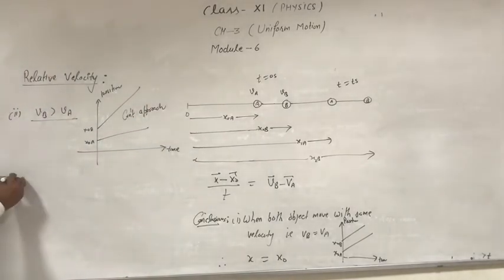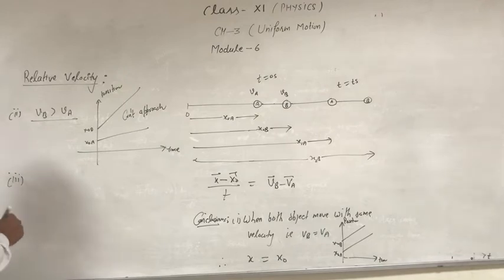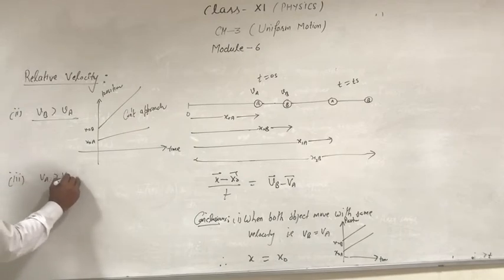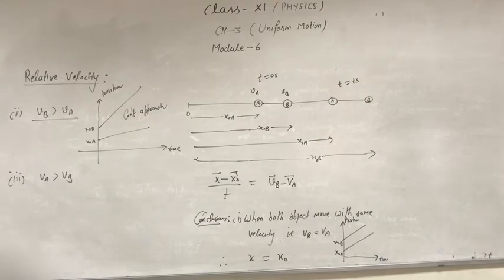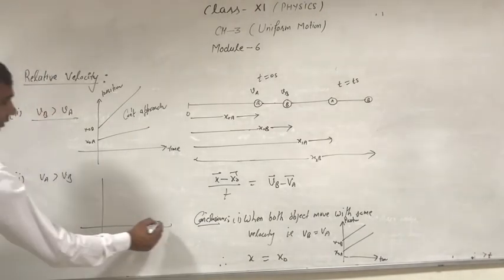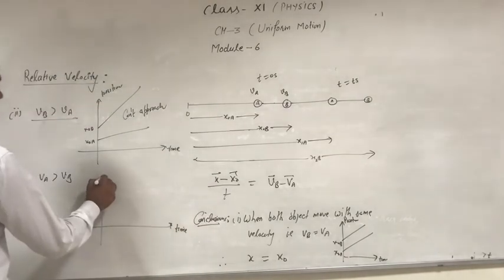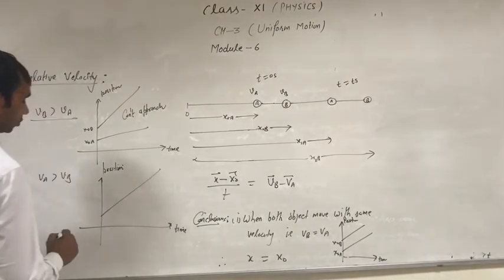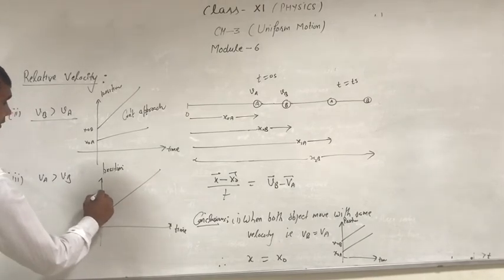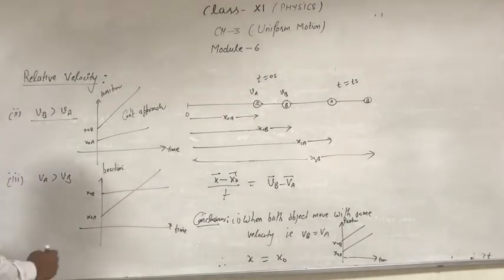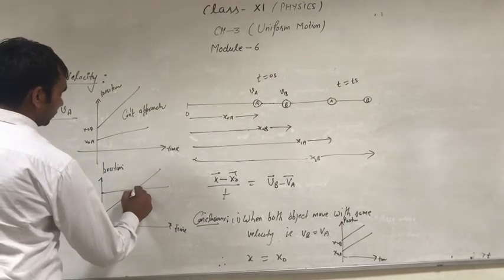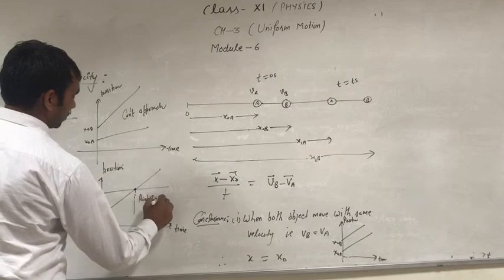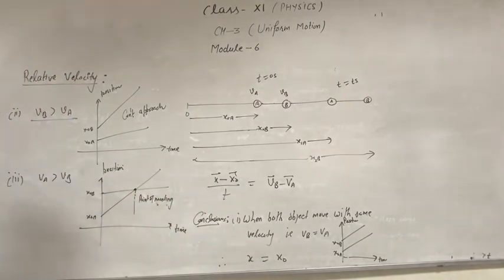Third case: VA greater than V. Then this is the time, this is the position, this is the first object x0a, this is the second object x0b, and this is the point of interest, the point of meeting.